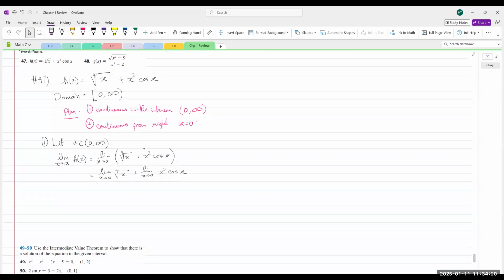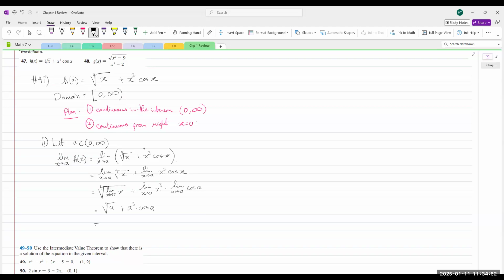Okay, and then this is the fourth root of the limit of x approaching a of x plus the limit of the product equals the product of limits. Okay, this gives us the fourth root of a plus a cubed times cosine a.